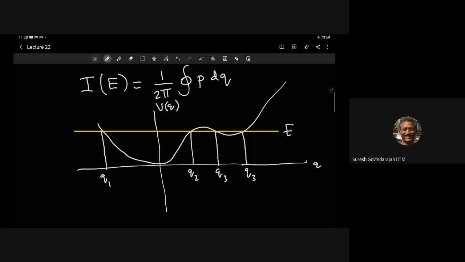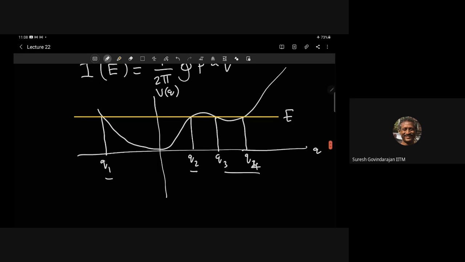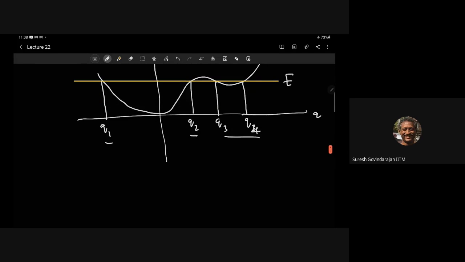So what we see are two kinds of orbits, one which is bounded between Q1 and Q2, and a second set of orbits which are bounded between Q3 and Q4. So let us focus on the periodic orbit.